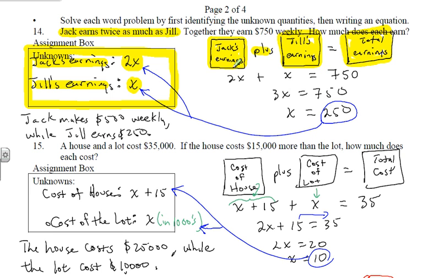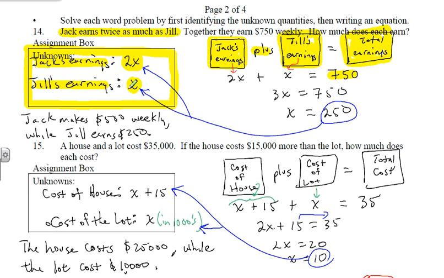So from the assignment box, I know that Jack's earnings are 2x. Jill's earnings is x. Then from the word problem, I was given that together they make $750.